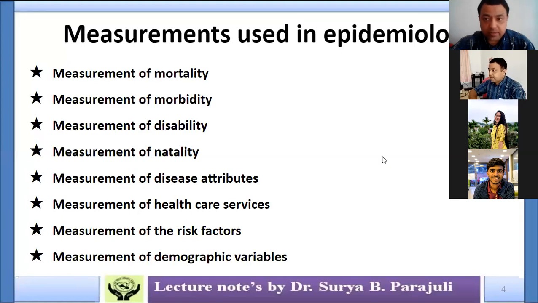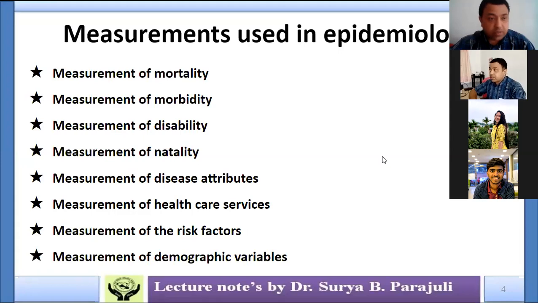Like COVID-19. In terms of COVID-19, what is the frequency? It's the prevalence of COVID-19 in Nepal and India in terms of number. Distribution in terms of time, place, and person: which month, which time, which place, which province. Person means in which sex, male or female, or in which ethnic group. So this is distribution. And determinants: what are the determinants of COVID-19 spread? In our country, Nepal, it may be people returned from abroad, foreign returnees.